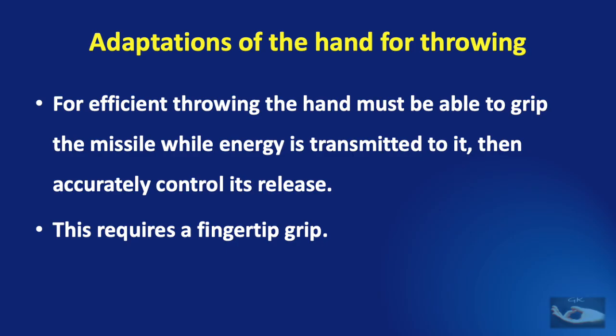For efficient throwing, the hand must be able to grip the missile while energy is transmitted to it and then accurately control its release. This requires a fingertip grip, as we have already seen.